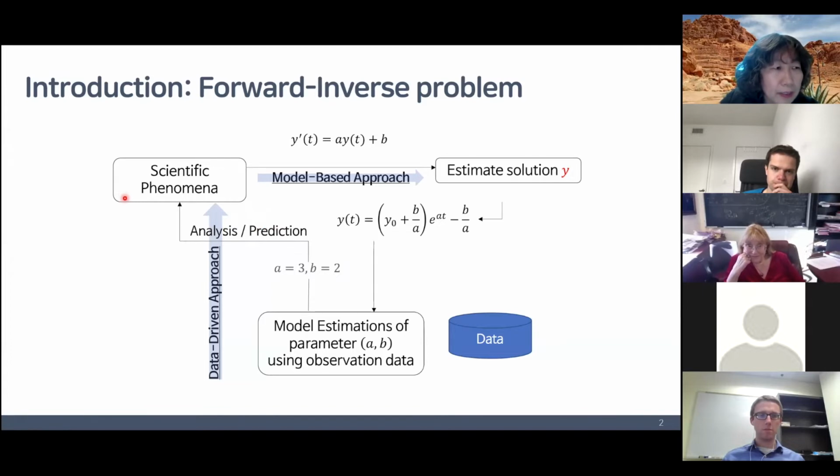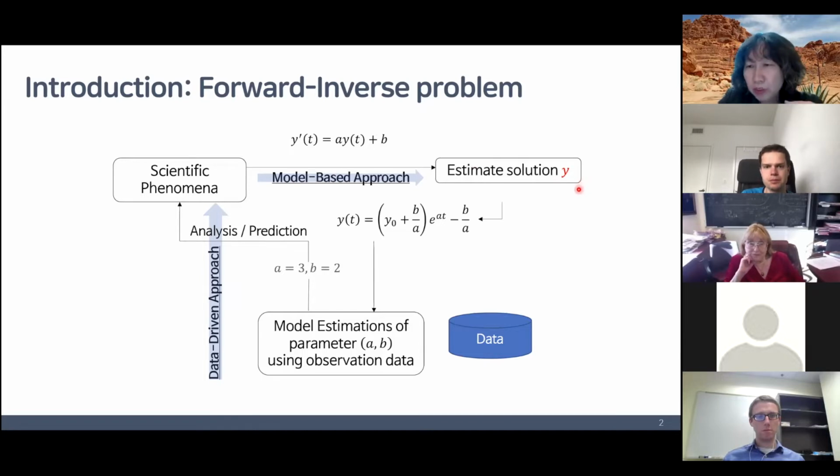As in the diagram, suppose we are given a scientific phenomenon. Then there might exist two different approaches: first, the model-based approach, and second, the data-driven approach. The model-based approach starts with a mathematical model, and then you try to find a solution y.